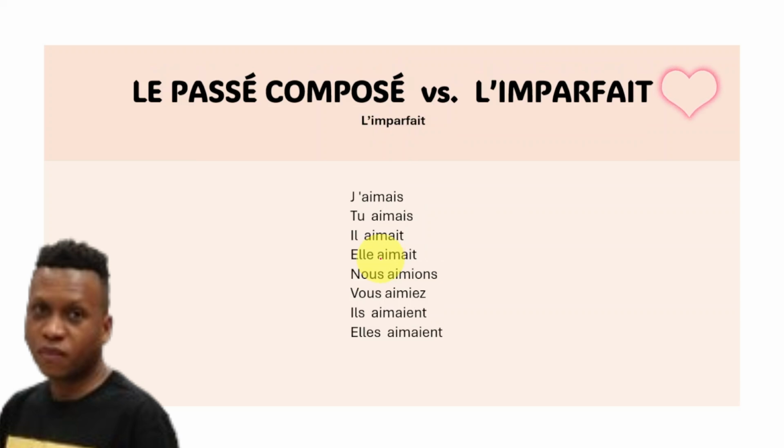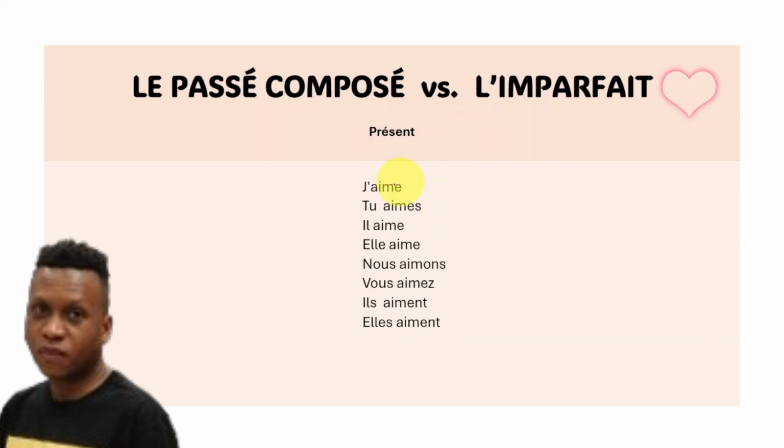Now, when you take a look here, imparfait. So, if I go back a little bit, this one are the pronouns. Don't get confused, my friends, okay? The rest of these are the verbs.